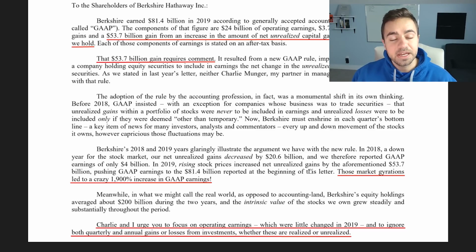So once again, the best investor who's ever lived is quite literally telling us that we should ignore the fluctuations and market gyrations of unrealized losses in a portfolio, which basically means that we got to ignore the price to earnings ratio on Berkshire Hathaway in specific.